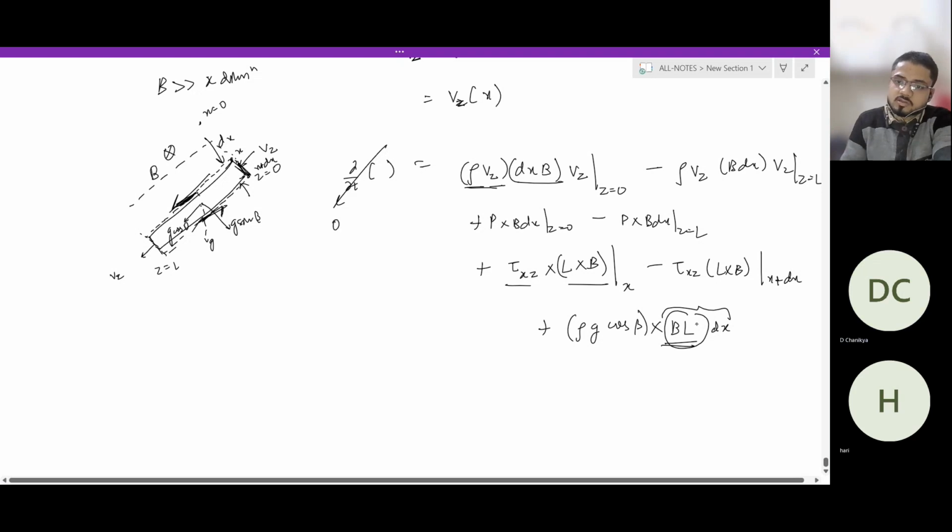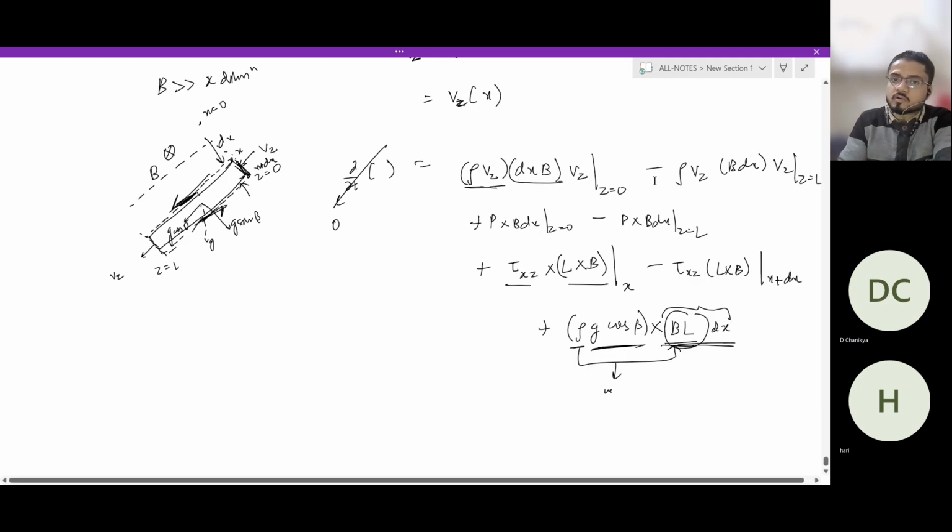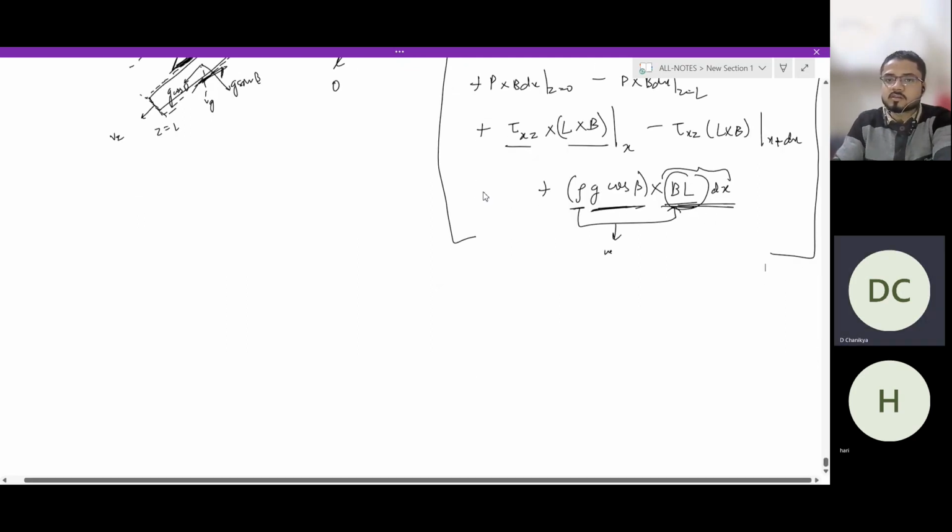It is BL into dx. Density times volume will give you mass, and mass times acceleration will give you the force, right? So is this entire formulation clear to you? Yes, sir. Okay, if it's clear, then that's an excellent response.